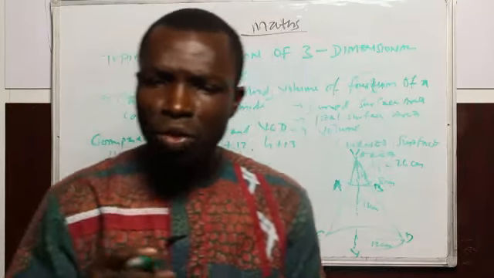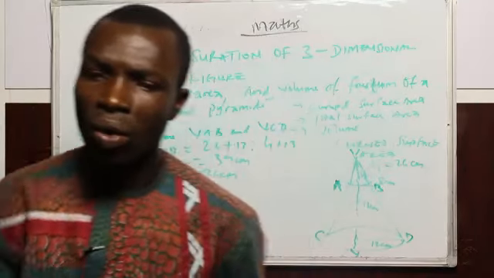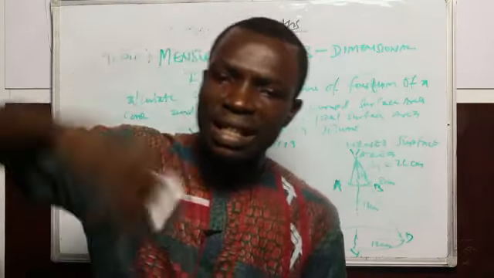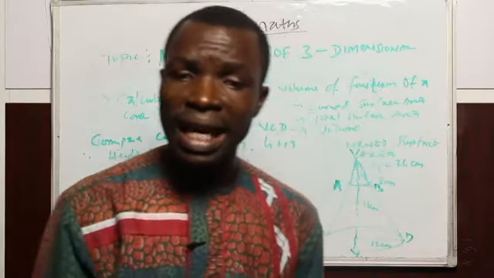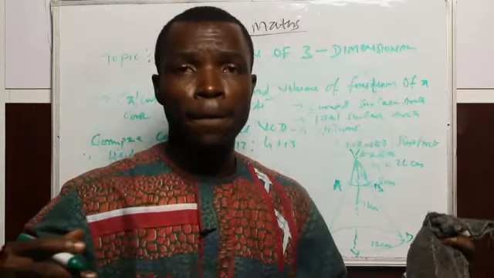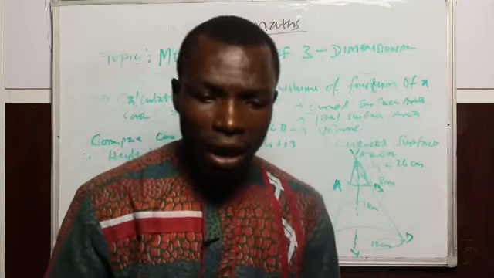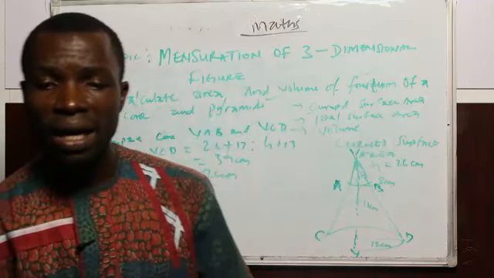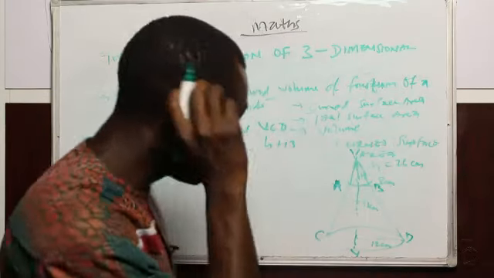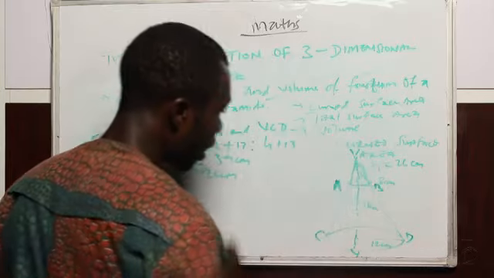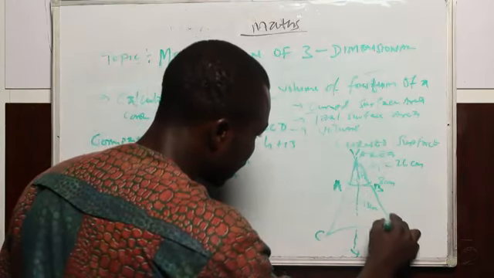We can now begin to find the slant height of the cone, because without finding the slant height, we can't get the curved surface area. How do we find the slant height of the two cones? This is the first slant height, and this is the second slant height.